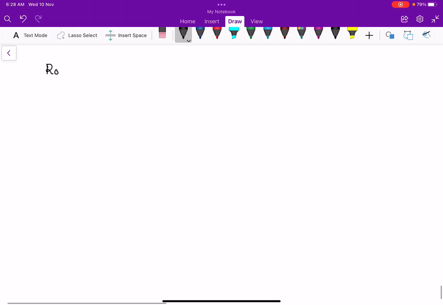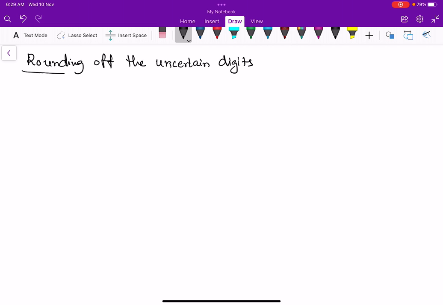So this is a simple concept. Rounding of uncertain digits.